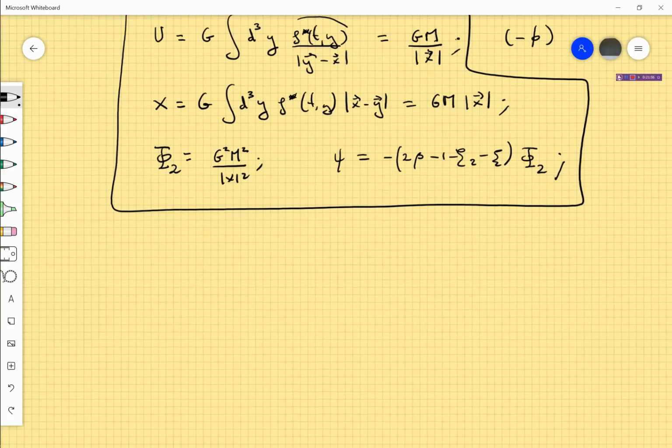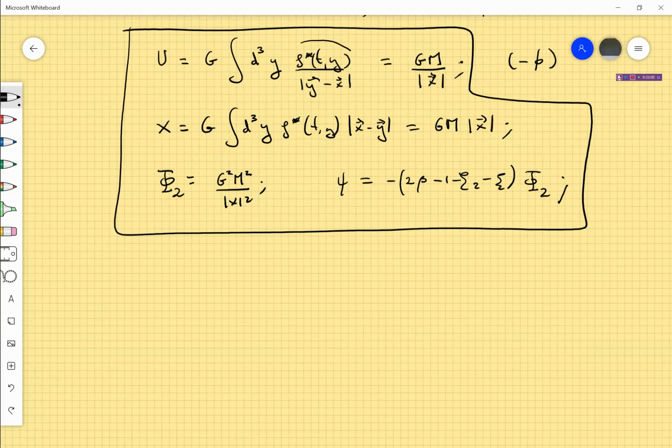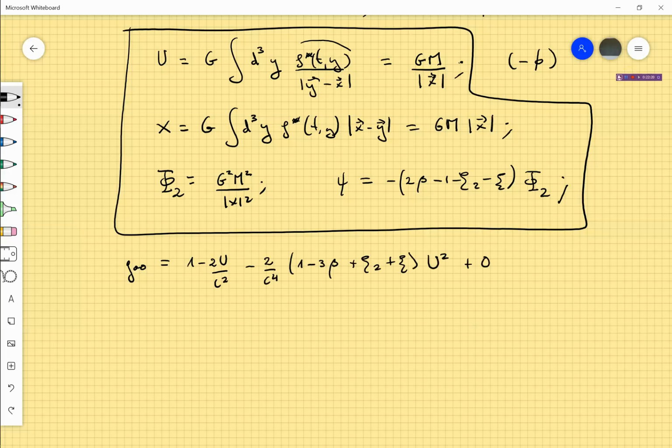Okay, so if I plug all these, as I said, in the metric, what I get is that g00 is 1 minus 2u divided by c squared minus 2 divided by c^4 and 1 minus 3 beta plus z2 plus psi u squared plus terms of higher order, 1 over c^6.